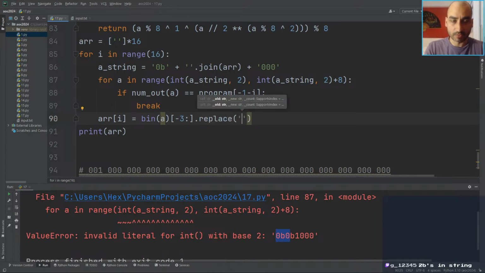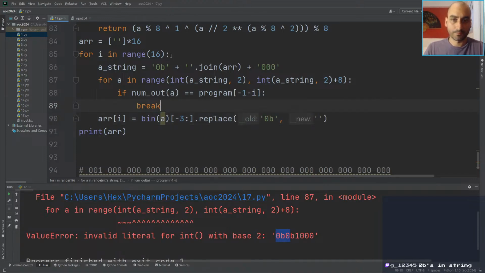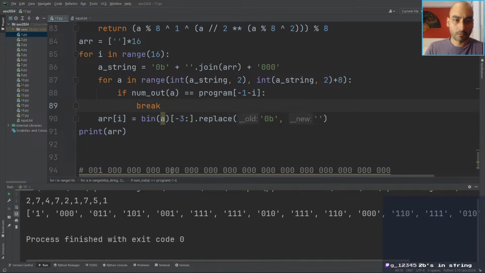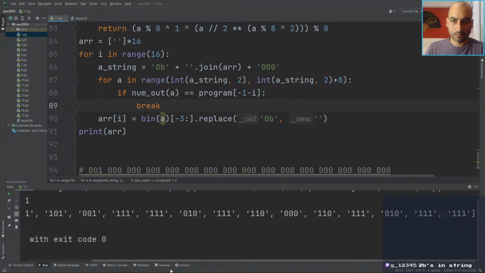Initially, there might be 0 because the leading zeros were stripped away. Alright, off the smaller number, so then the 0b slipped in. Alright.